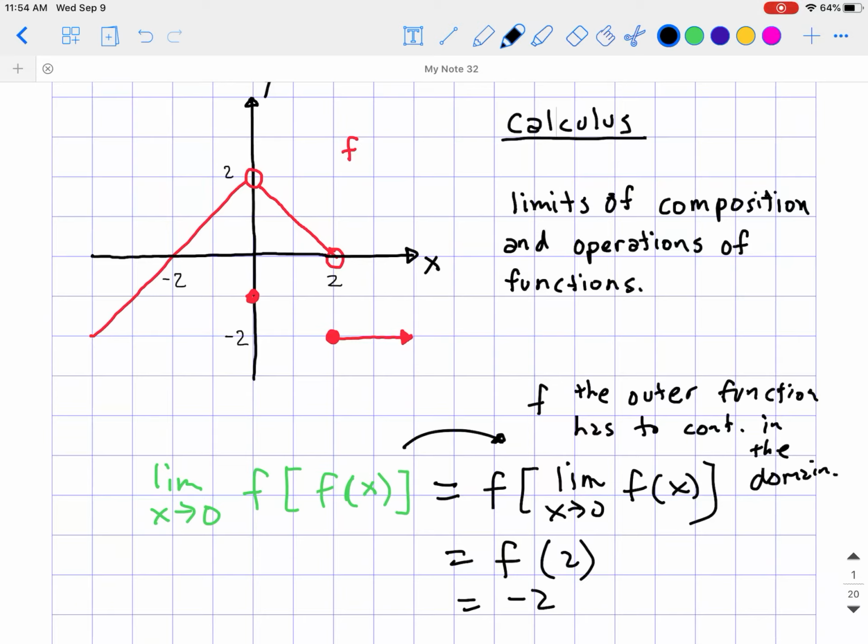And if you notice, at x equals 2, it is not continuous over there, nor is it continuous at 0. So that means that this is going to raise some sort of complication.